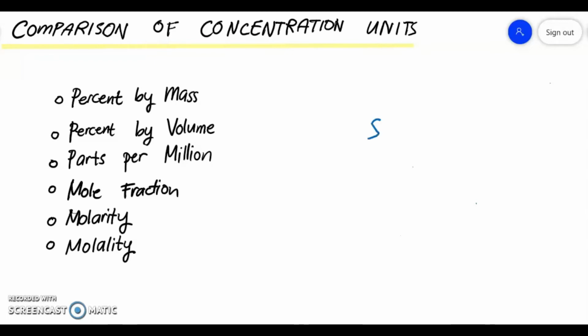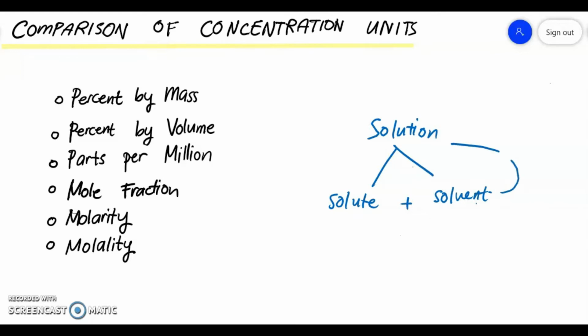If you recall, we have a solution if we have a solute and a solvent. So solute plus solvent will result in a solution. A solution can be in solid, liquid, aqueous or gas phase.